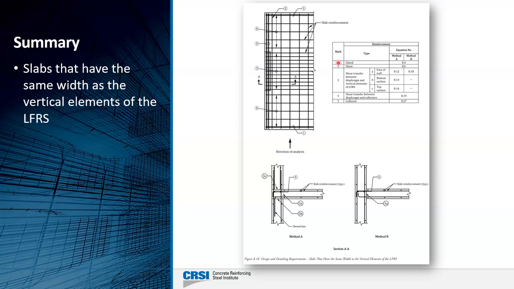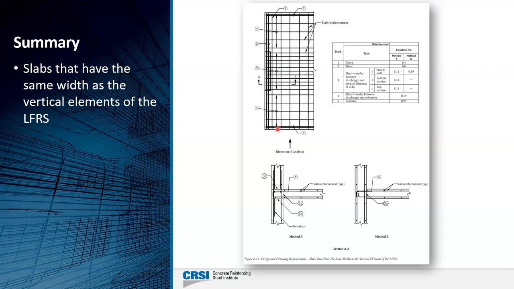You can see on the partial plan what the different marks are. Mark 1 is for your chord reinforcement, 2 is for any shear reinforcement, and 3 is the shear transfer between the diaphragm and, in this case, the wall, and over what length it works, for the face, the bottom, and the top surface that we discussed previously.